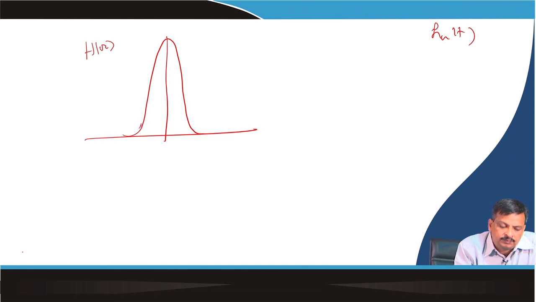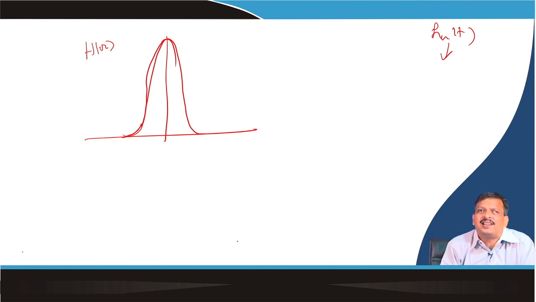This is my frequency response. Now, when I sample this HAT by a sampling frequency Fs, then what is H omega?